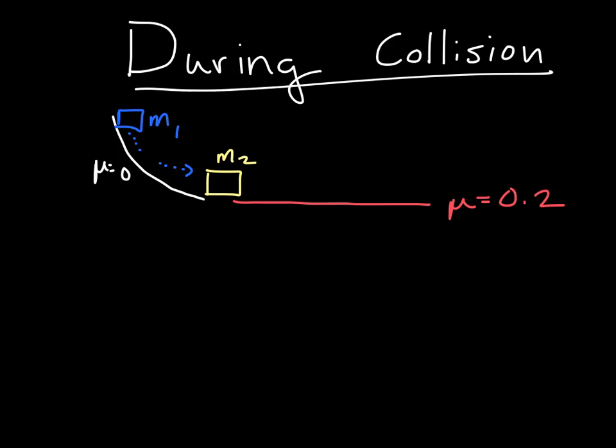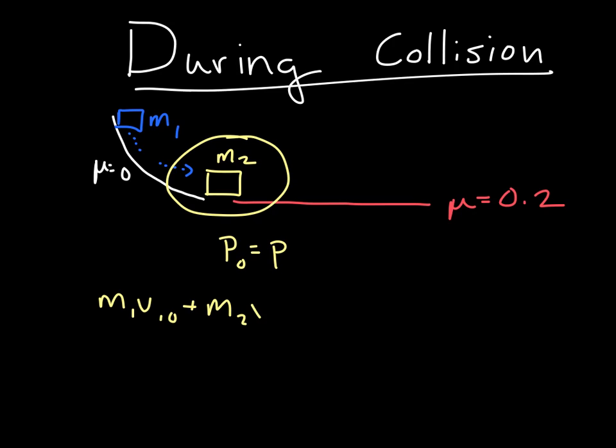Okay, let's think about this. Now we're during the collision. We care about this part. In any collision, you know momentum is conserved. So the momentum at the beginning, I'm just putting this term in here, it's actually going to be 0. They stick together, m1 plus m2, velocity final. Let's figure out how fast this is going at the end.